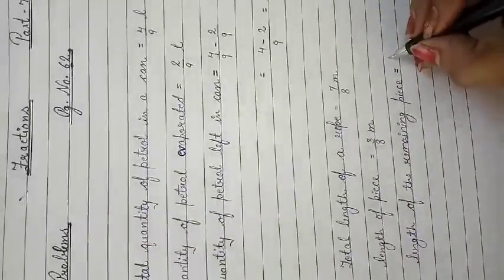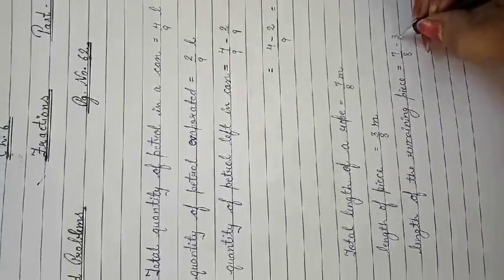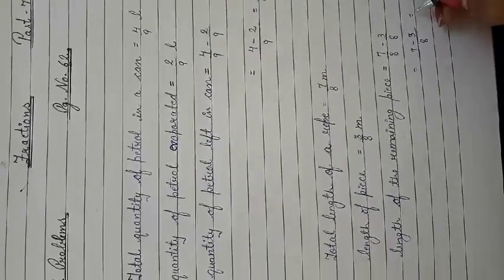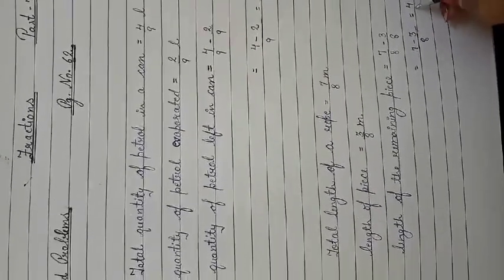So here we will write 7 by 8 minus 3 by 8. So it is 7 minus 3. So the length is 4 by 8.